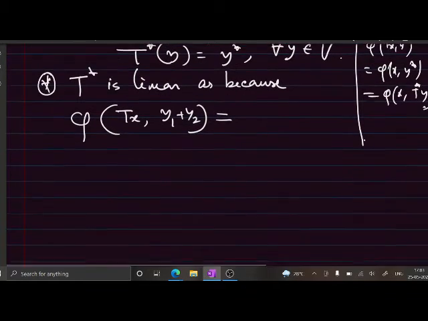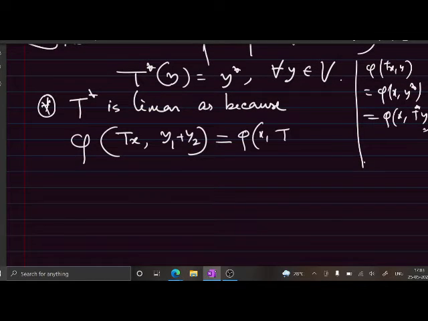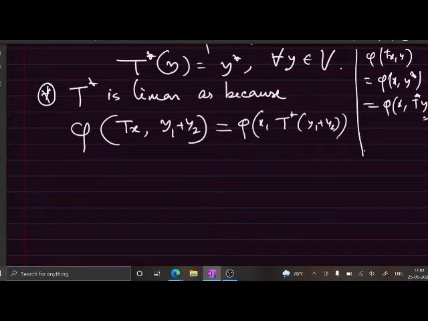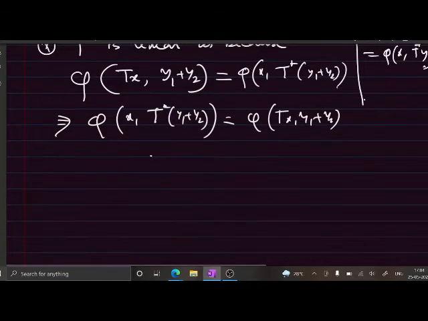So therefore you can apply this equation. So this is phi of x, T star of y1 plus y2, which equals phi of Tx, y1 plus y2. You can expand it because this is a bilinear form.